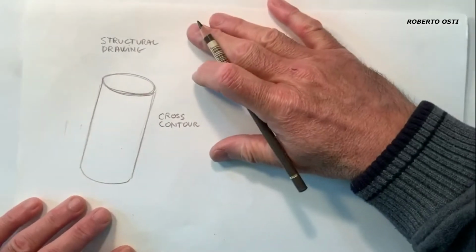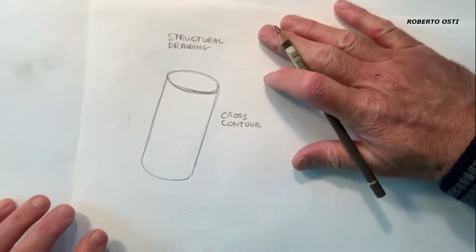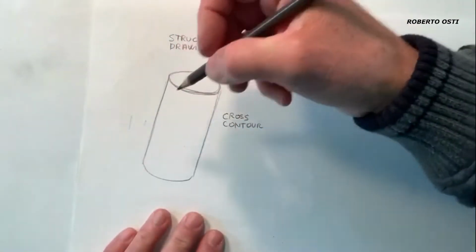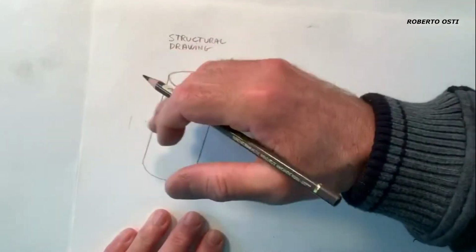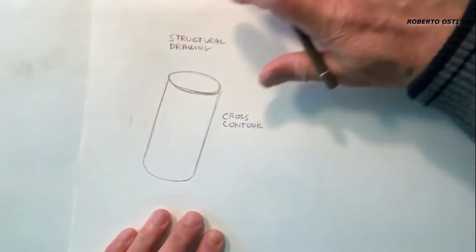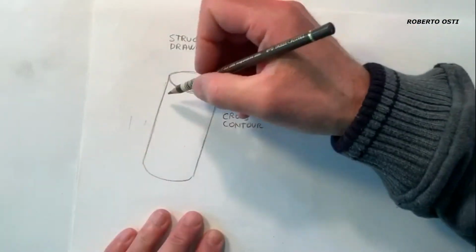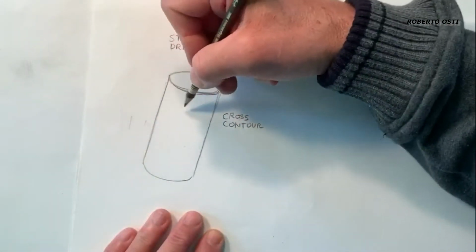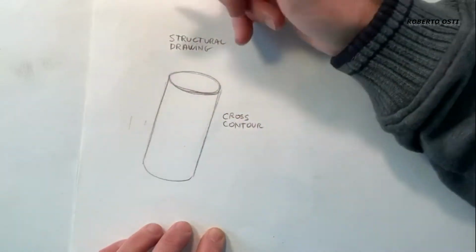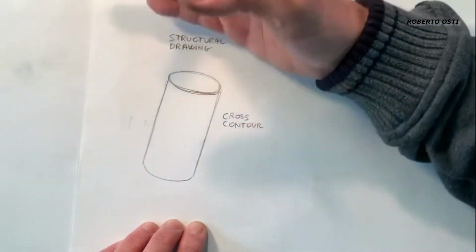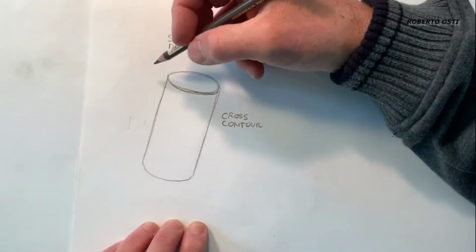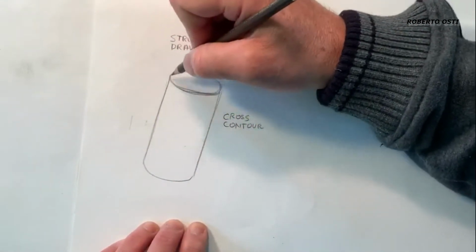For the cross contour line, imagine a topographic map. A topographic map gives you lines that slice the mountain at a certain level and tell you that this line corresponds to a height of, I don't know, 1,200 feet, a little bit lower, 1,100, and so on. We're going to do the same on the cylinder.